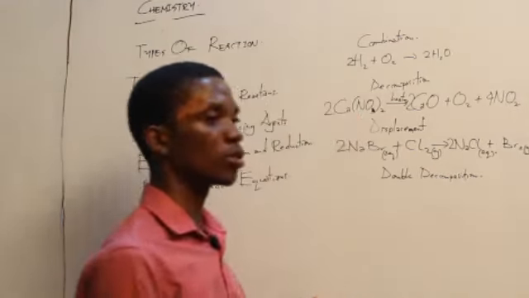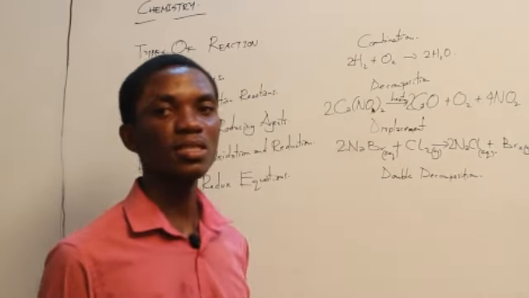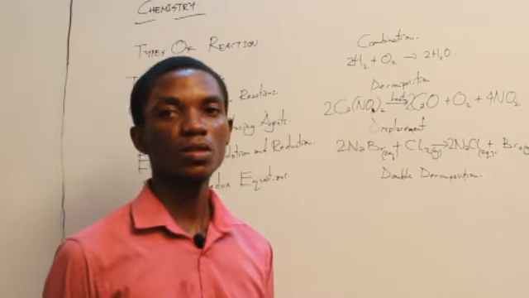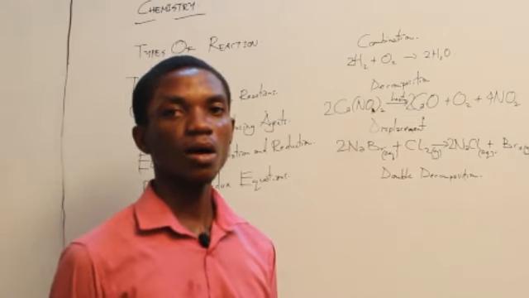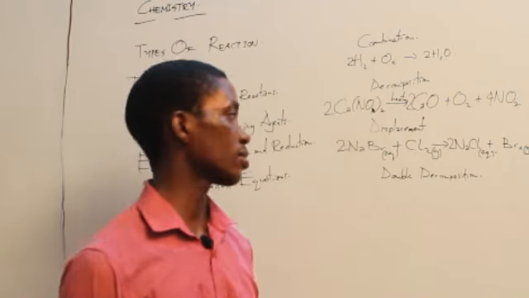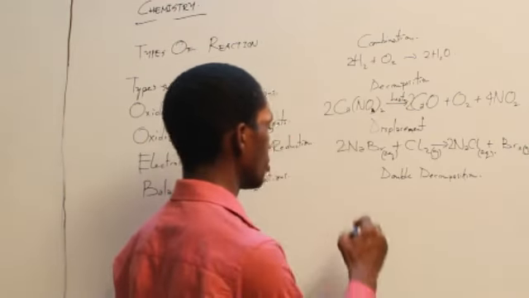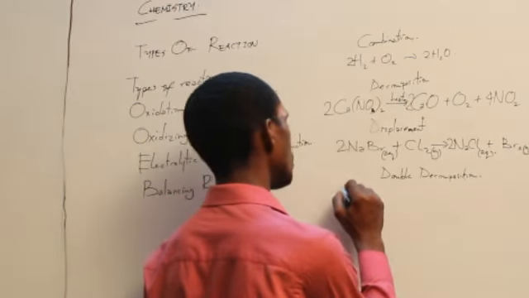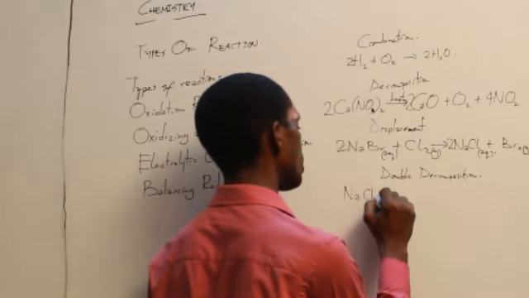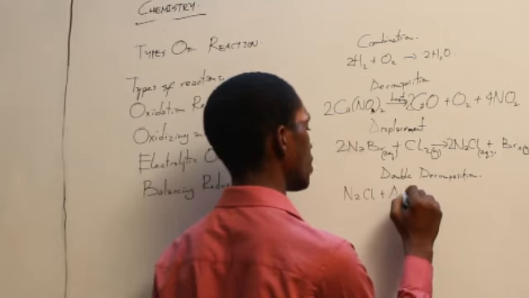Double decomposition happens when two different substances are together and they switch components, they switch parts. I think a good example would be sodium chloride and silver nitrate.